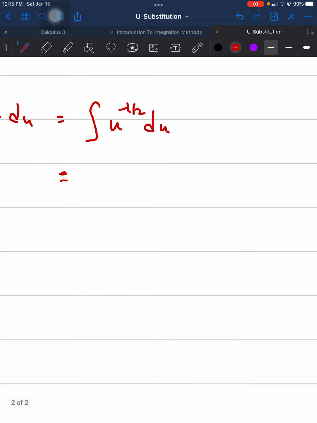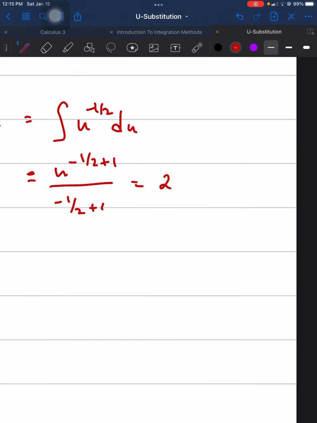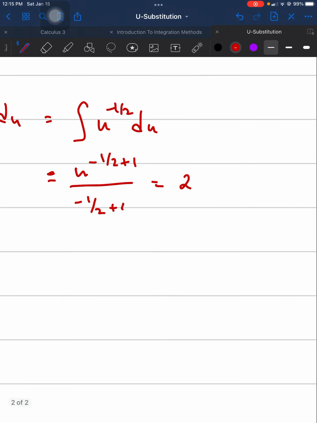And then when we evaluate the integral, all you have to do is add 1, negative 1/2 plus 1, and we get 2u to the 1/2, or in other words 2 radical u.